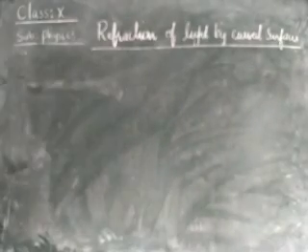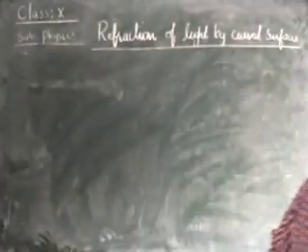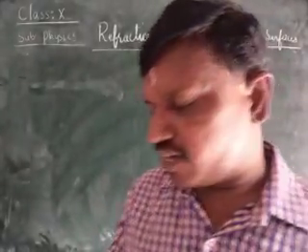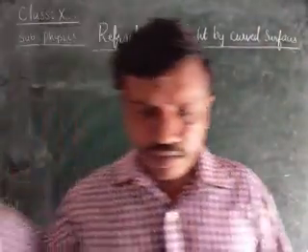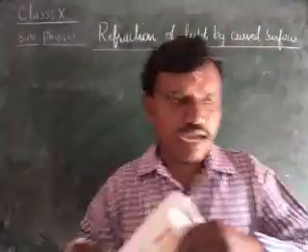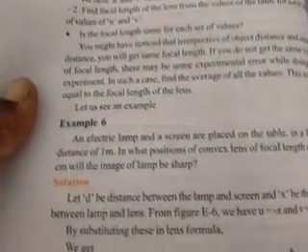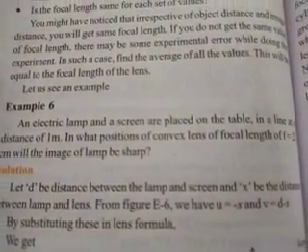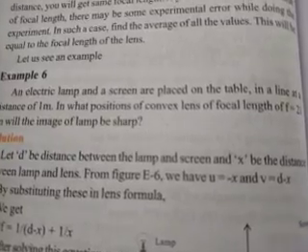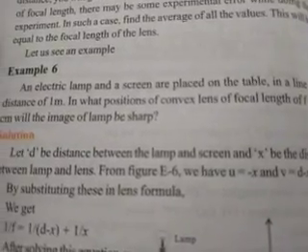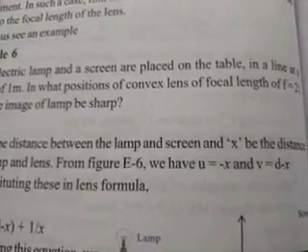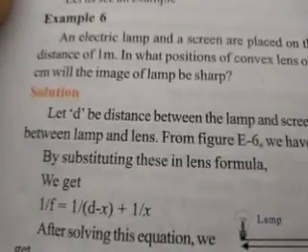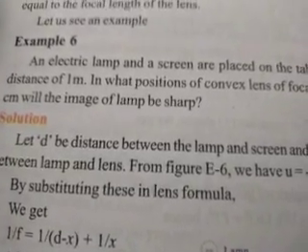Today, as I said, we will solve the problem which is given in the textbook, children. Here the problem is given as example 6. An electric lamp and a screen are placed on a table in a line at a distance of 1 meter.